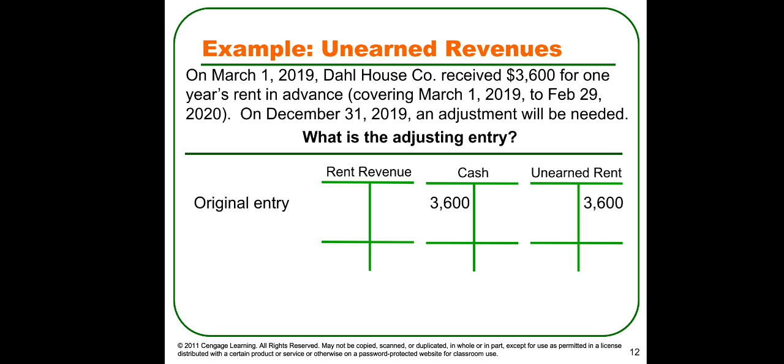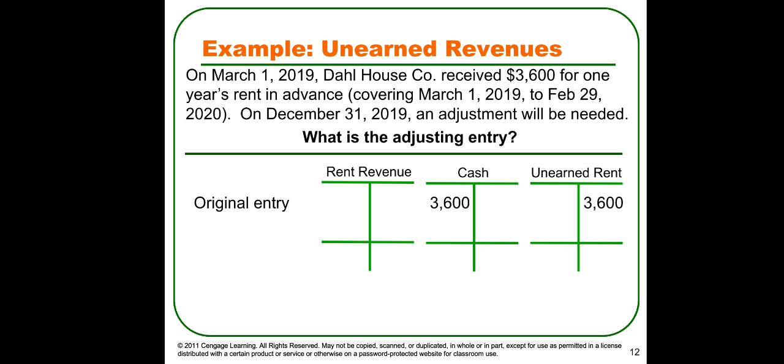So the building or space has been used by another party for 10 months. Isn't it? 10 months have passed during the year 2019. So from the liability of 3,600, how much has become revenue? 1 month is $300 revenue.